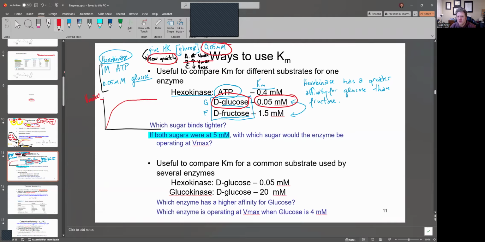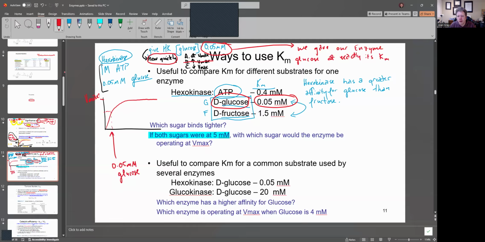So effectively, we gave our enzyme glucose at exactly its Km. So at best, it's going to be half of its Vmax. If you were looking at this graphically, that right there is 0.05 millimolar glucose.